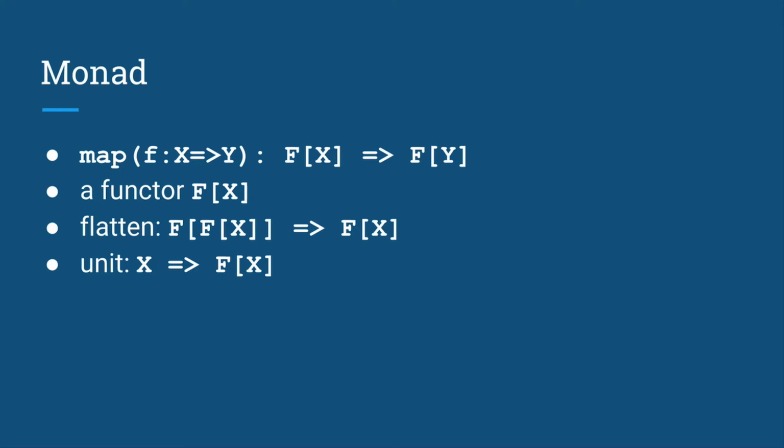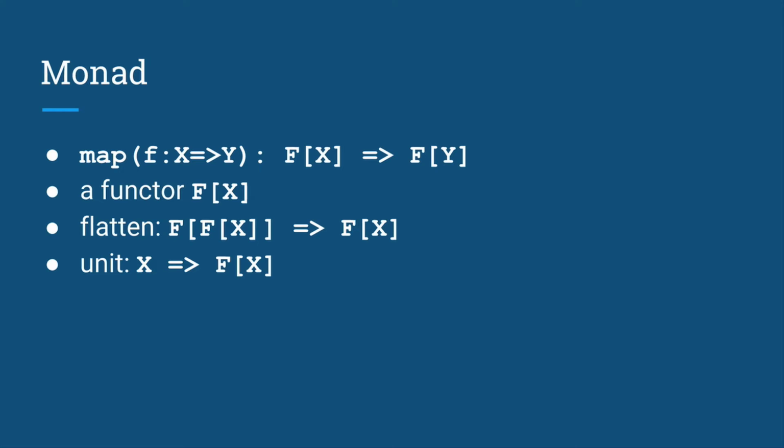For instance, if it's a list, it's a singleton. If it's an option, it will be something. And flatten is when you have a list of lists, you flatten them. When you have an option of options, you flatten them. But we should not think that monads are always containers. That's a popular belief, and it's not true. I mean, it's not always true.